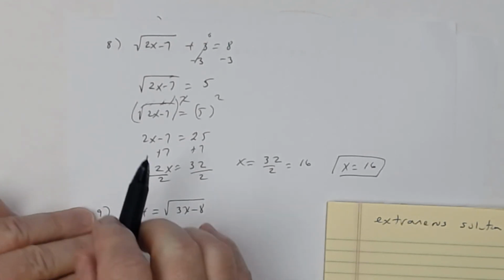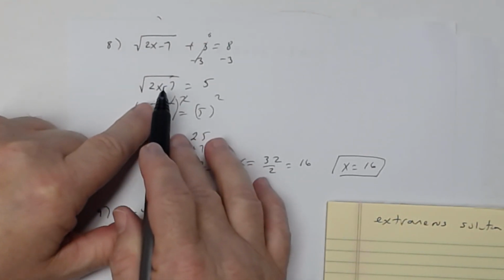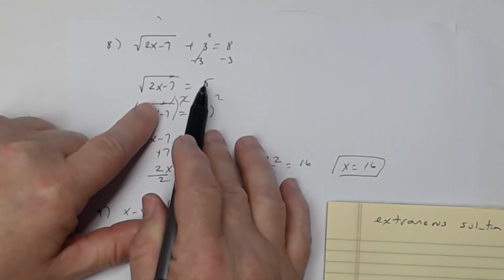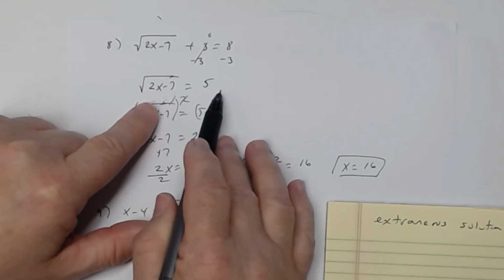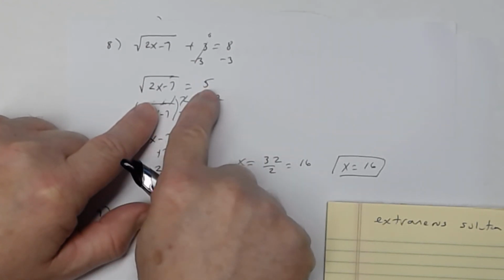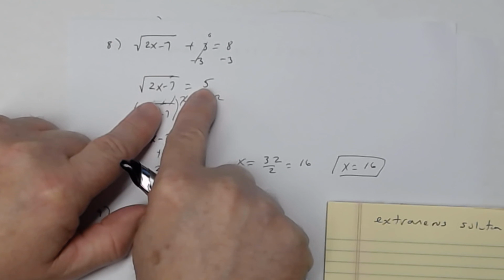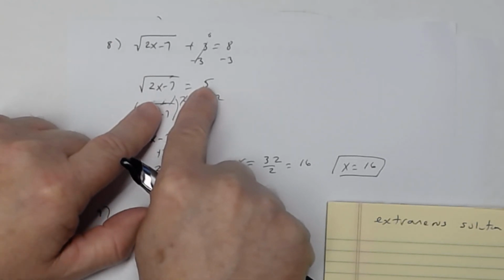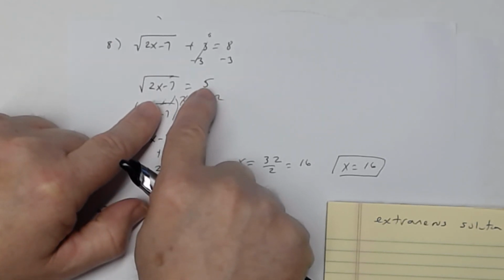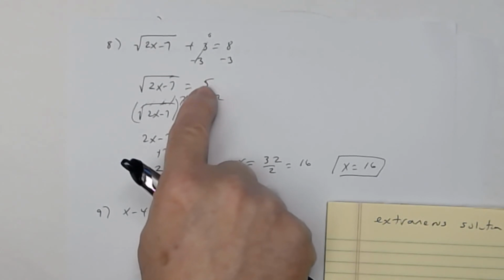In number 8, when I got that square root by itself, this was a positive 5. There was no variable expression here. But since this was positive, not negative, if this was negative, there would be no solution. But as long as this is positive or 0, you're going to get a solution. If this is negative, remember you get no solution.